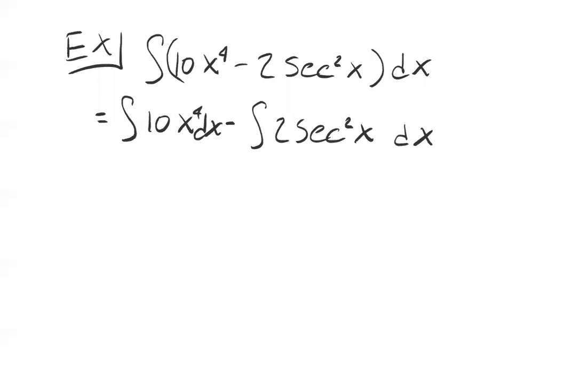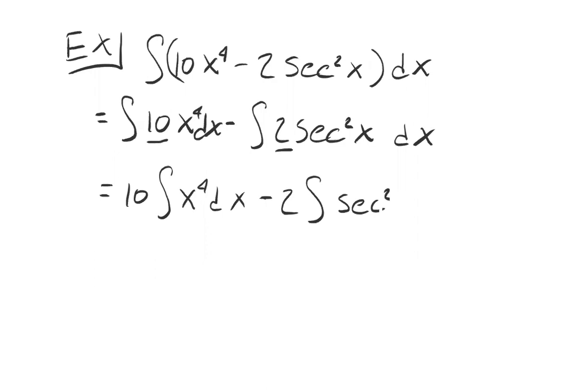This makes it a little bit easier. Next thing to know is that multiplicative constants I can pull out of the integral. So this is going to be 10 times the integral of x to the 4th dx minus 2 times the integral of secant squared x dx.